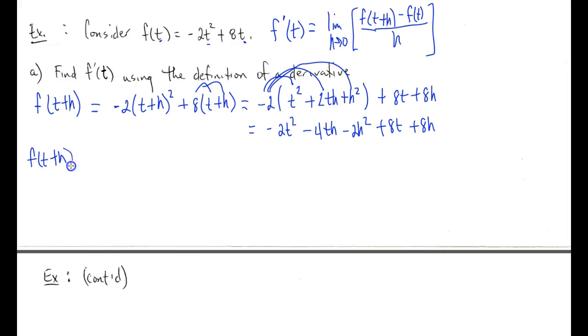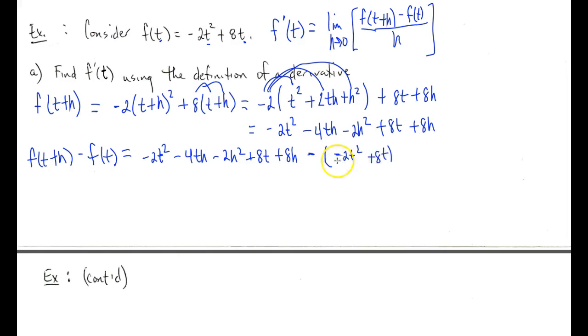So we have f of t plus h minus f of t. So now we just write everything that we came up with in the previous step. And now we're going to subtract all of f of t. And of course, f of t is negative 2t squared plus 8t. And notice I put that all in parentheses.